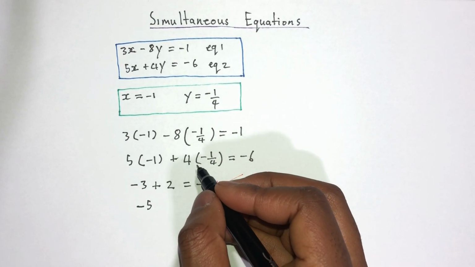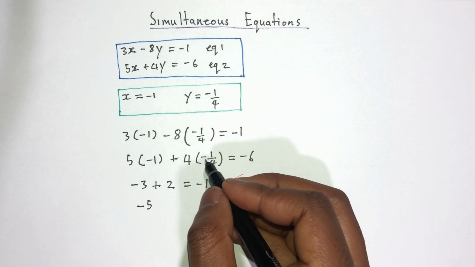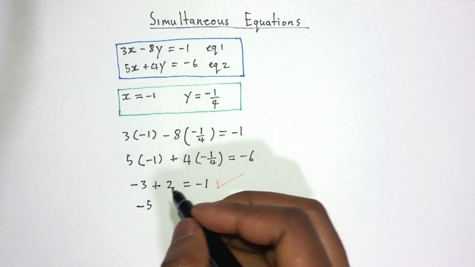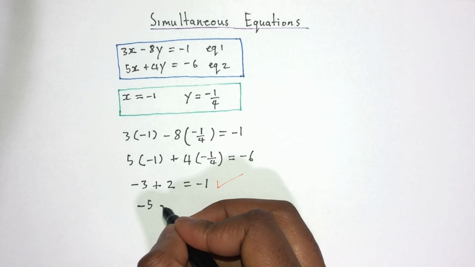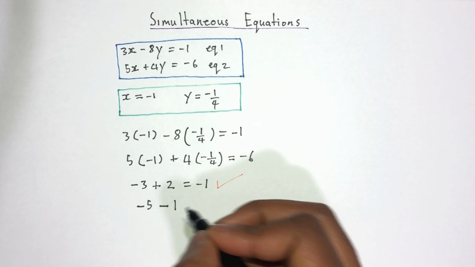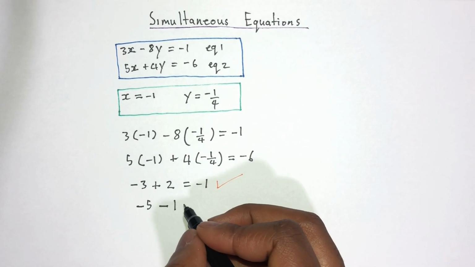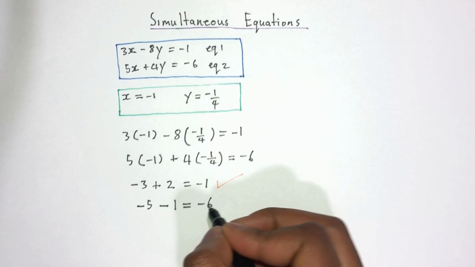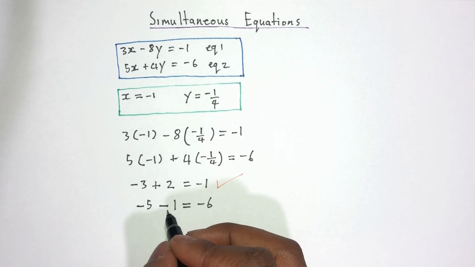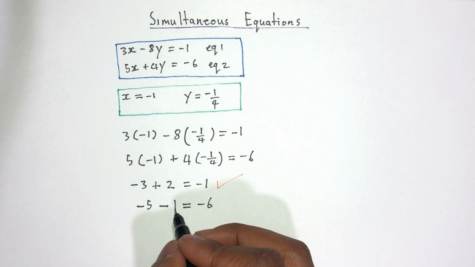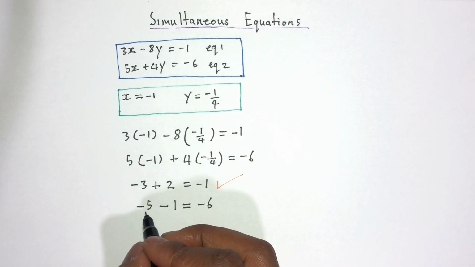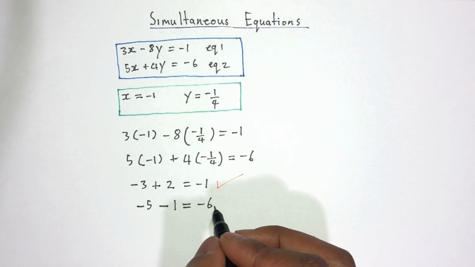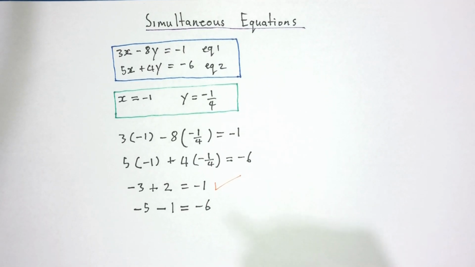And we have positive 4 times negative a quarter, and this gives us negative 1. Negative 5 minus 1 gives us negative 6.